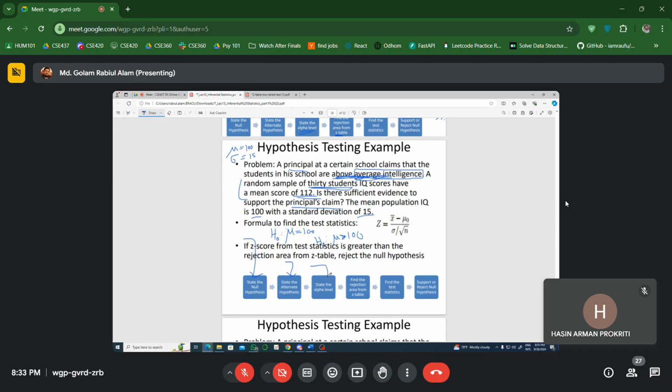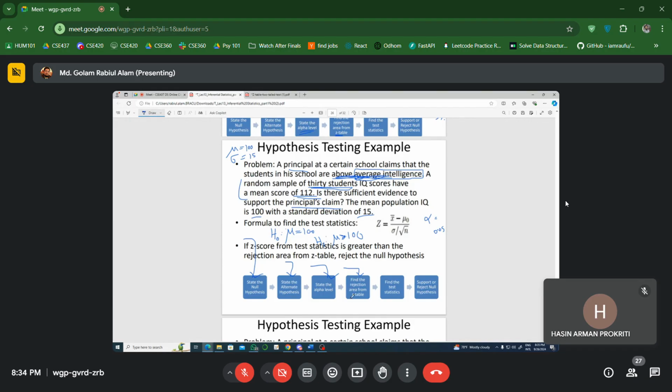Now, estimate the alpha level. As a standard, we can set alpha equal 0.05. So this is the significance level, alpha equals 0.05. Then find the rejection area from the Z table.